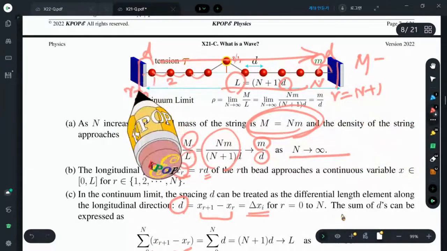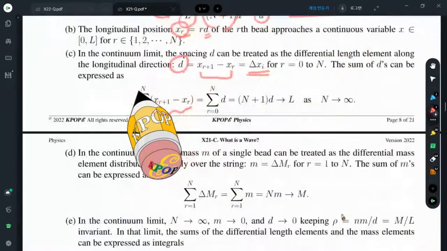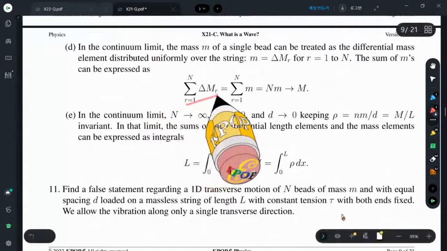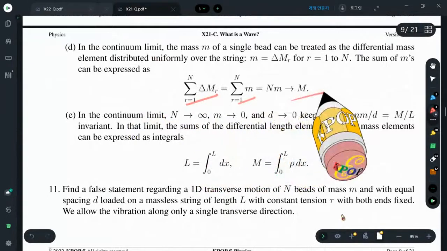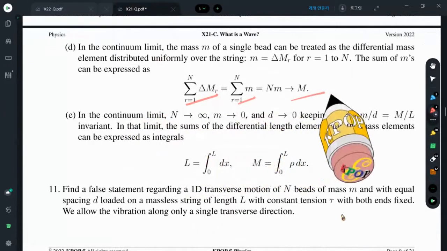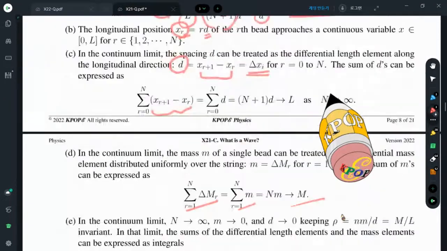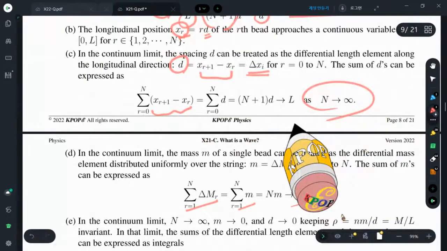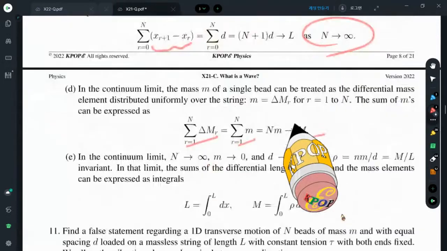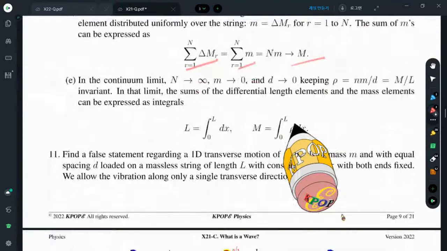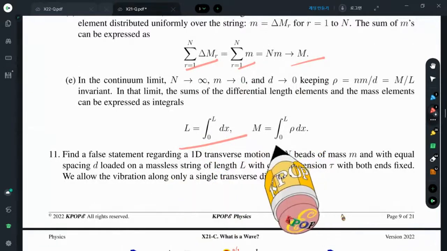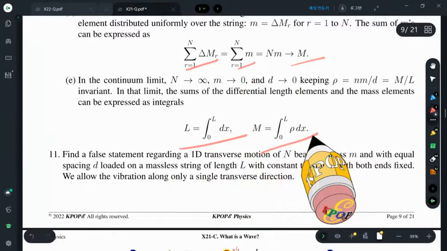And these two ends are fixed. Using a similar method, I can do this summation. However, the good point of taking the continuum limit is that it allows us to evaluate the summation in terms of integrals.